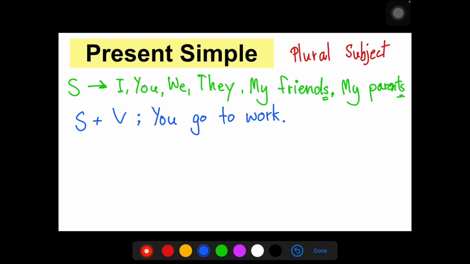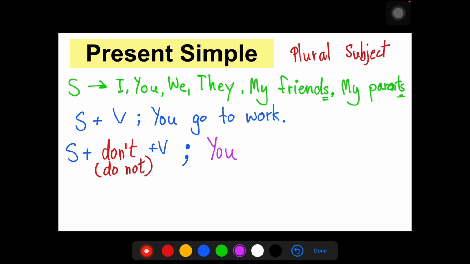This one is the affirmative sentence. So how can we make it negative? We need the subject as well, and we need don't or do not, followed by a verb. For example, you don't go to work.